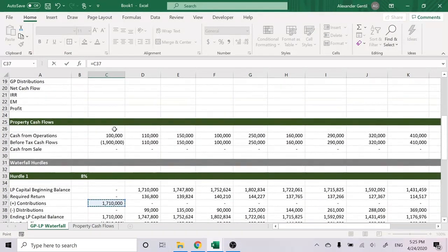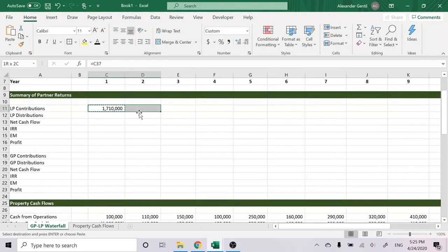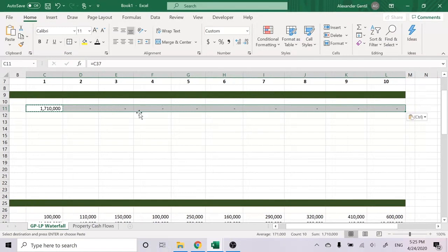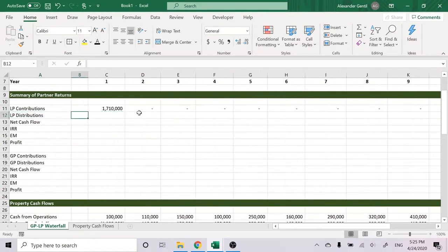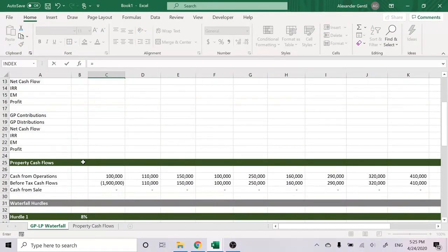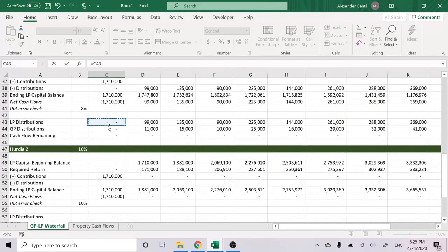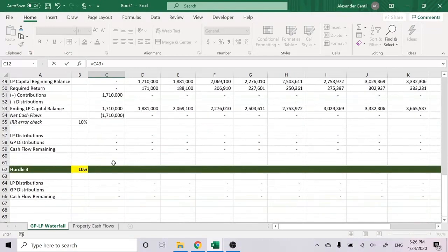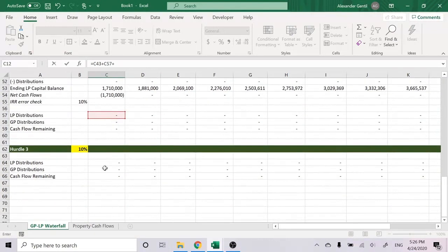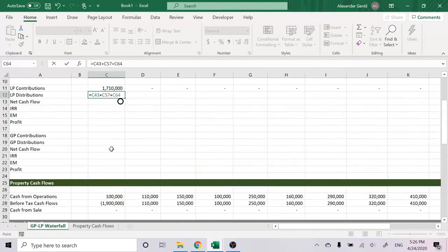So we're just going to drag that over. And then the distributions are the sum of the distributions of each hurdle. So here he gets that, and in hurdle 2 he gets that, and in hurdle 3 he gets that.